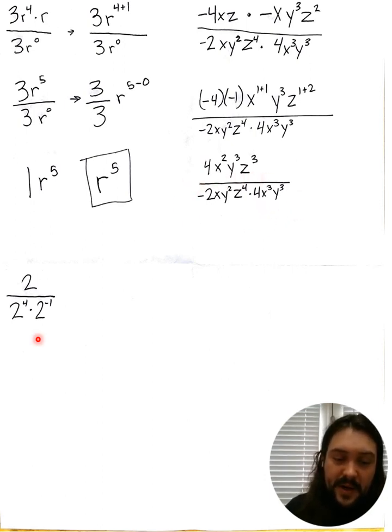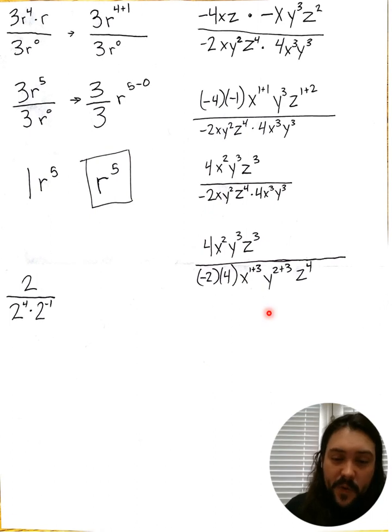Simplify that denominator. So product property, multiply the coefficients, so -2 times 4. Then we have x. We have 1x here, 3x is here. Okay, so 1 plus 3. We have 2y's here and 3y's here, so 2 plus 3. And then just 4 z's right here, no additional z's in the second product.